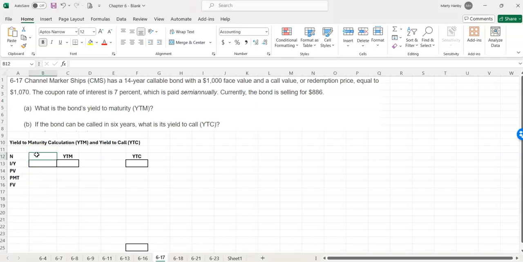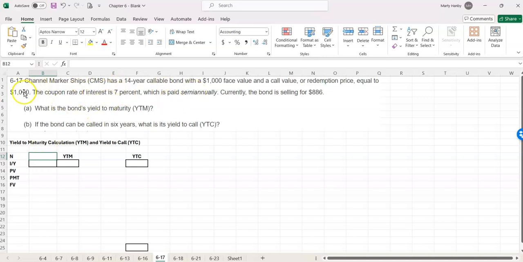Okay, it's problem 17 from chapter 6 of CFIN7. It's a yield to maturity calculation and a yield to call calculation. For yield to maturity, we assume that the bond is outstanding until maturity. With call, we have to take into account the call date and then the redemption price.